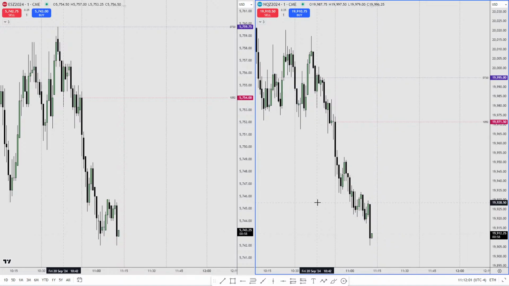Right now I can't tell which is heavier between ES and NQ, because they're both moving very much in sync. None of it is showing any sign of strength or any sign of weakness towards the downside, which means it's probably going to continue running. That'll be just too bad, right? And if that's the case, I'll have to wait for at least this fair value gap to be traded to. Let's just say there's no SMT below.